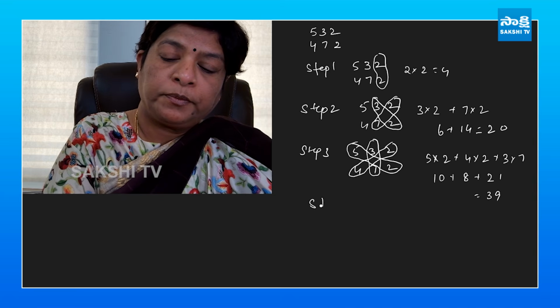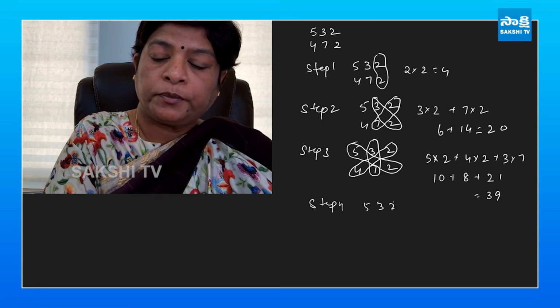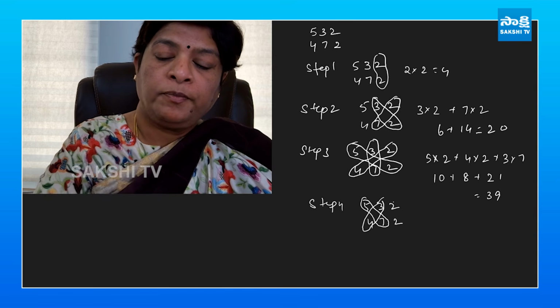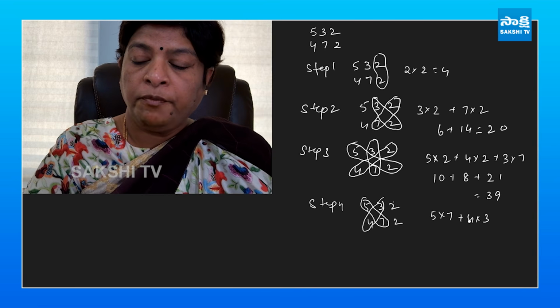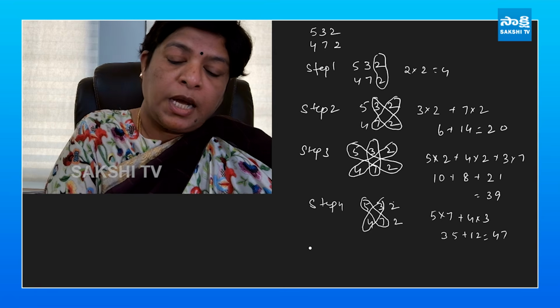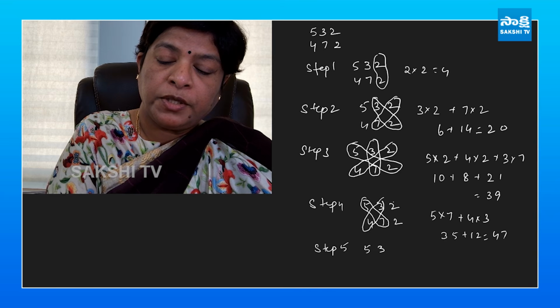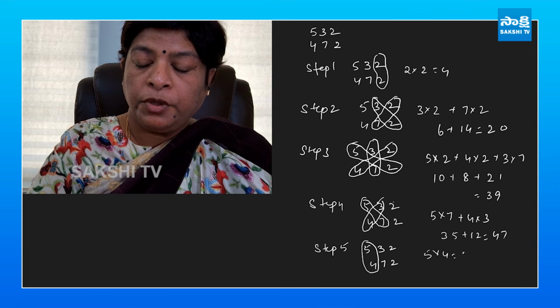Step 4: cross multiplication of hundreds place with the tens place. The other combination also we're going to consider. So 7 times 5 plus 4 times 3. So 35 plus 12, 47. The last step, vertical multiplication of the hundreds place digits. 5 times 4 equal to 20.